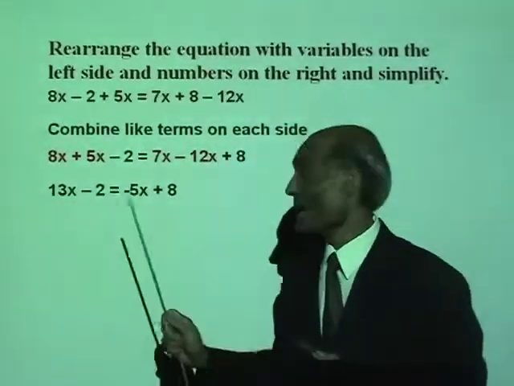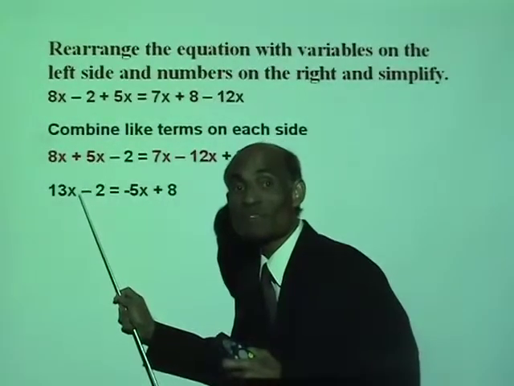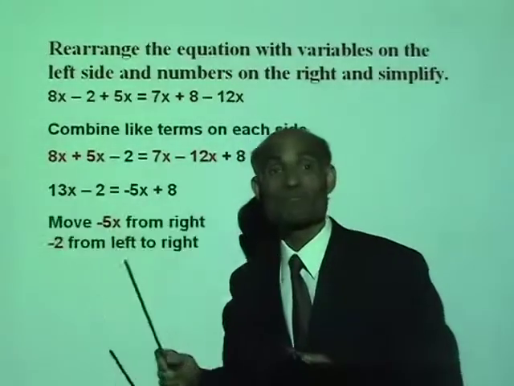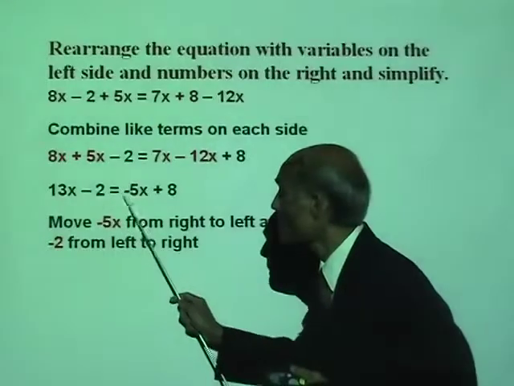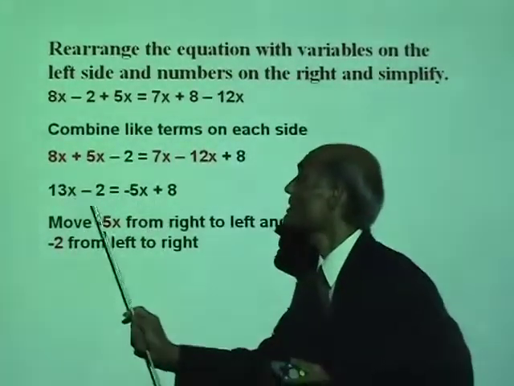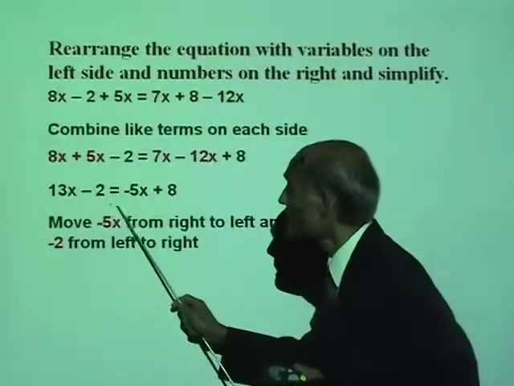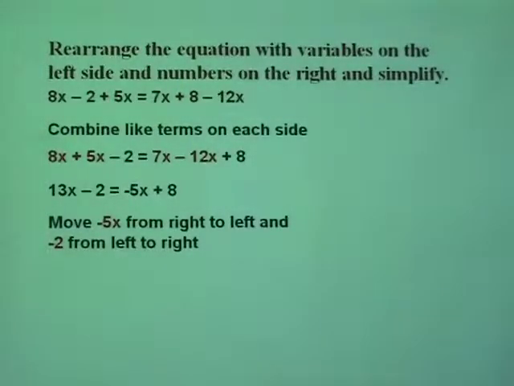Is that right? And a negative 2, if you want to take it from the left side to the right side, it will become a positive 2. So, move negative 5x from the right side to the left side, and negative 2 from the left side to the right side. Let me indicate that on here.